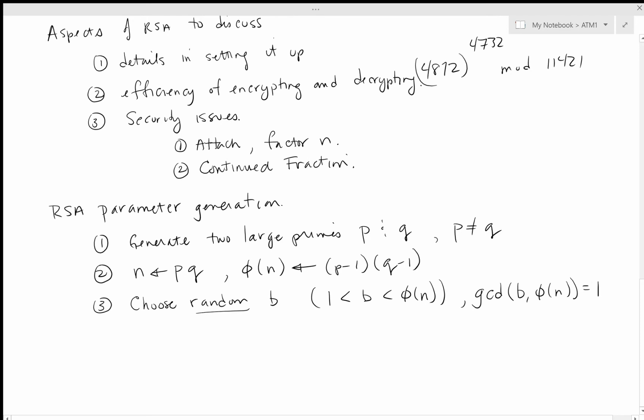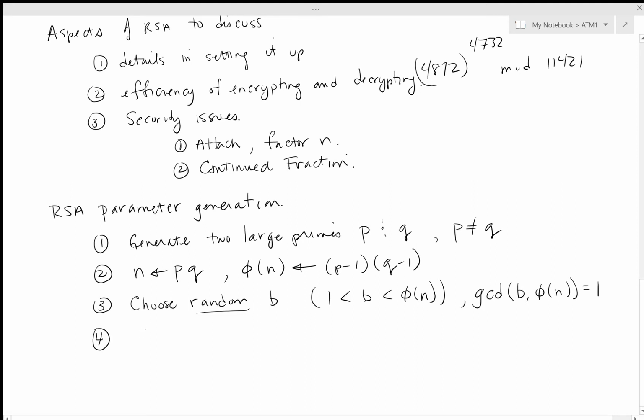One way to get this condition met is to randomly choose a b and then compute the GCD. If it's not 1, toss that one out and randomly choose another one. Keep going until you get one that is relatively prime to phi of n.